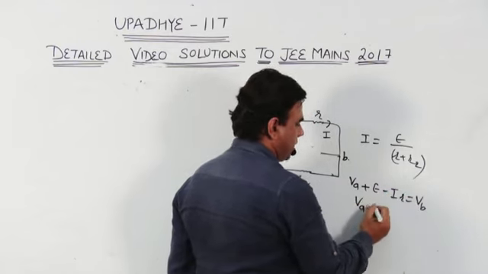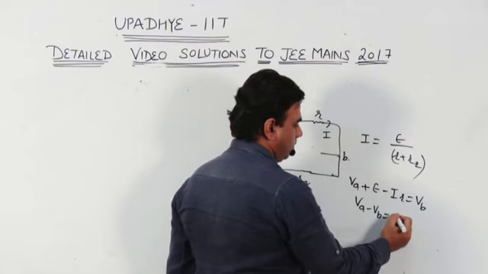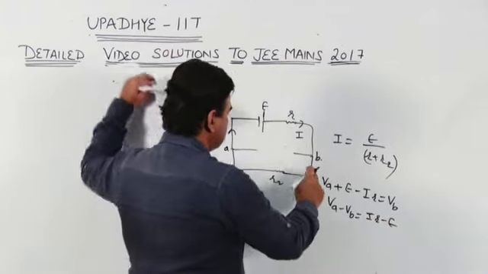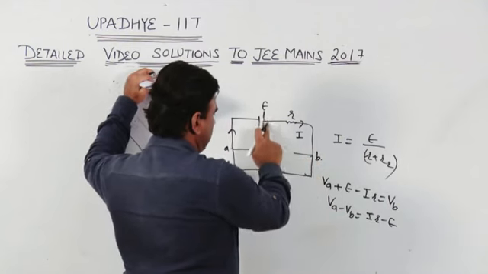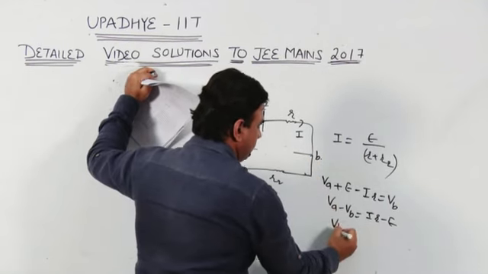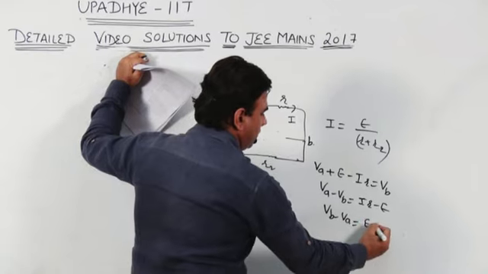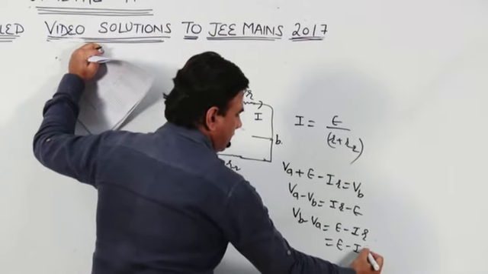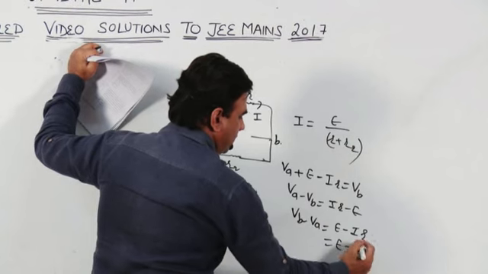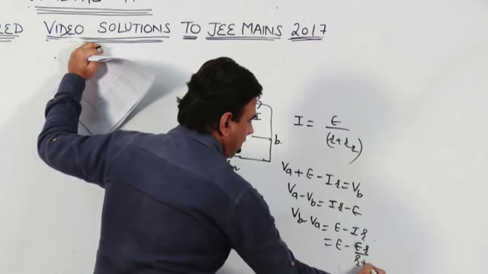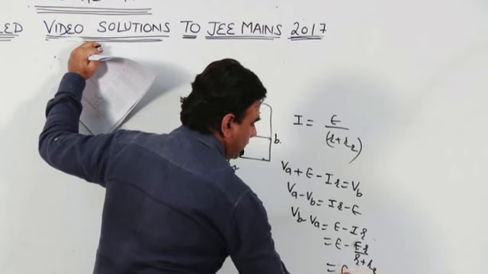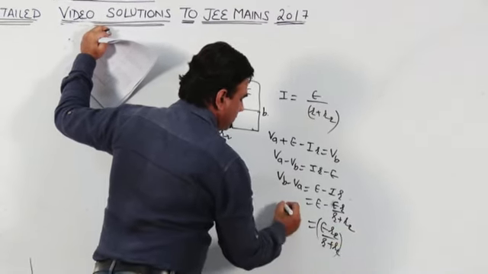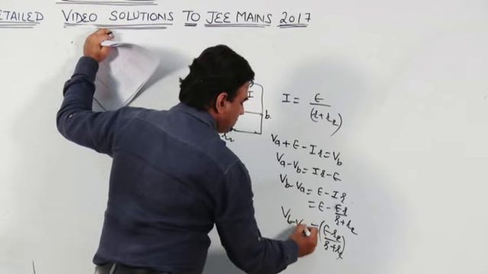So VA minus VB equals IR minus E. Since VB is more than VA, because it is connected with the positive side of the battery, VB minus VA equals E minus IR. If we put the value of I, E upon R plus R2, we get E R2 upon R plus R2. This way the potential difference is VB minus VA.